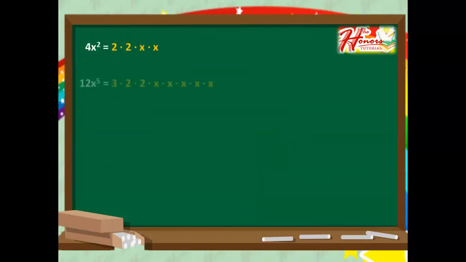Let's look for the GCF. So we have here the numbers. This is what you are going to do. You have to look for the factors or the partners rather. 2 and 3 cannot be partners because they are different numbers, different from each other.